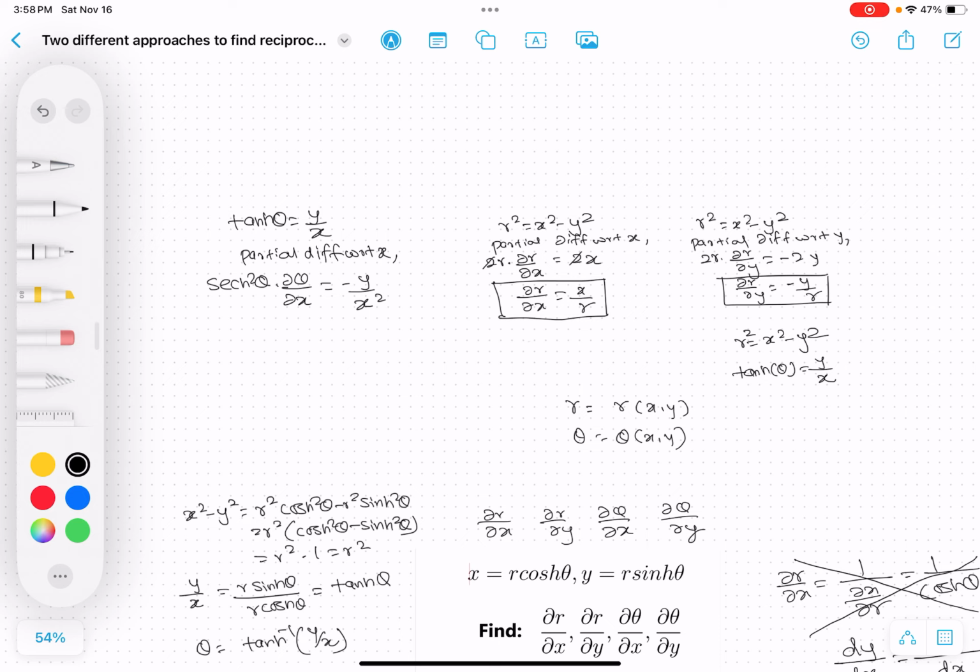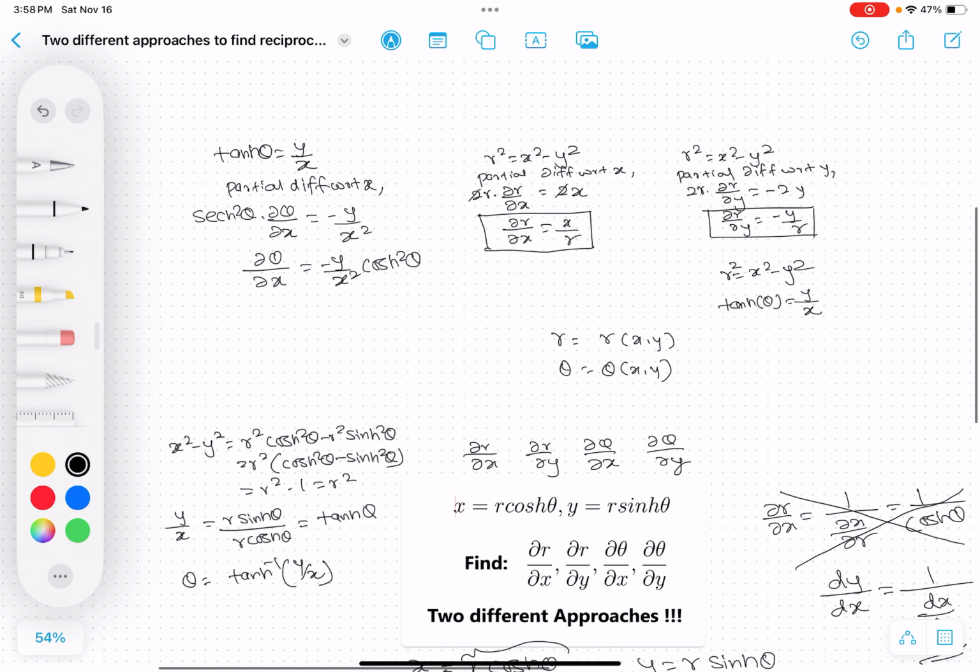Now if I take sech square theta to the other side, partial theta by partial x is equal to minus y by x square times cosh square theta, right? And now we know that cosh square theta is just x square by r square, so this will be minus y by x square times x square by r square, so that's just minus y by r square.